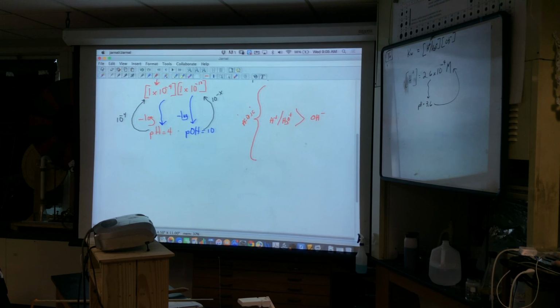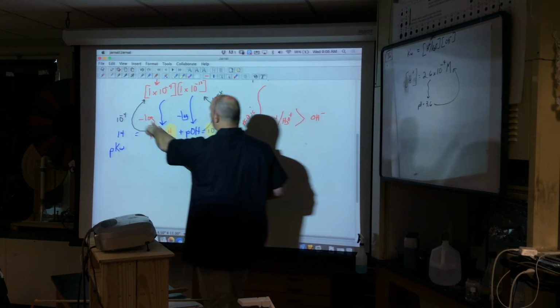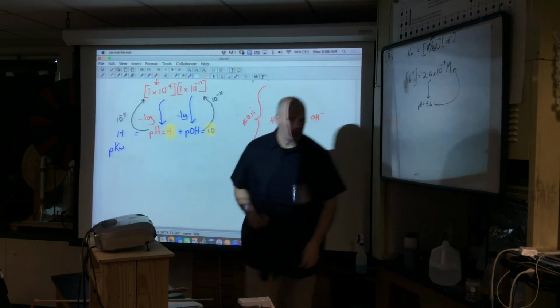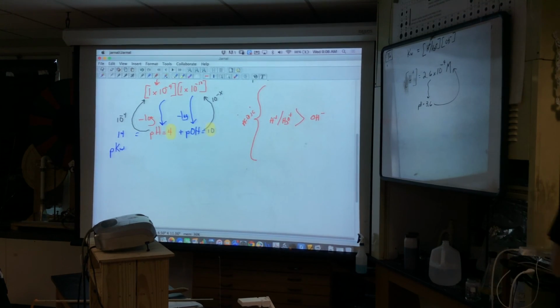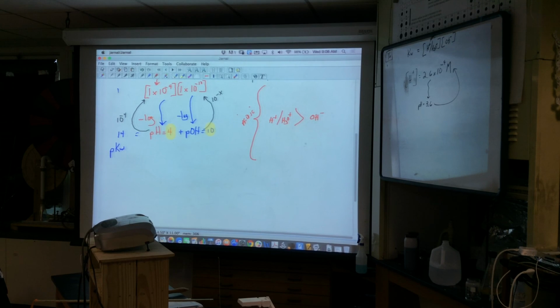Wait a minute. 4 plus 10. These are exponents. What does that equal? 14. Now whose 14 is that? Oh, that's Kw, isn't it? So if we do pKw, what does that mean? Take the negative log of Kw. If you don't know what I'm doing here, Kw is 10 to the negative 14, right?